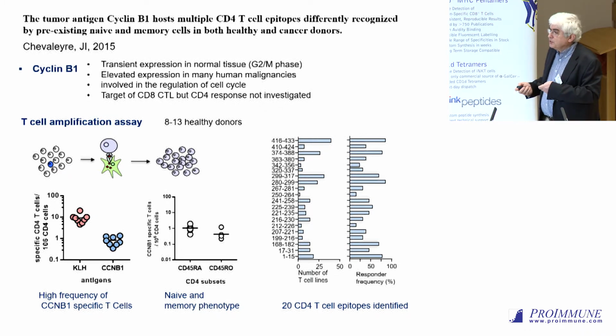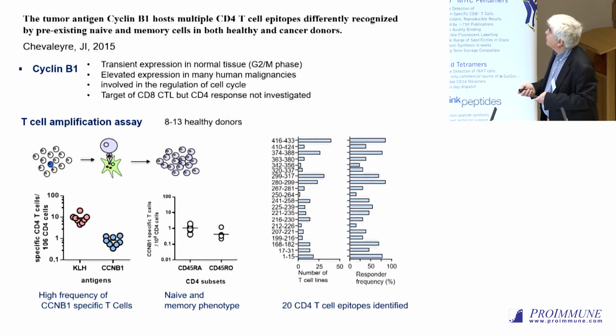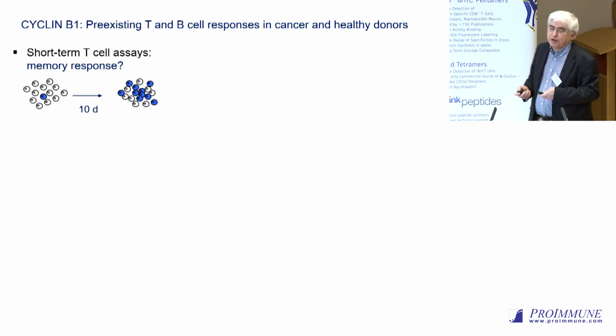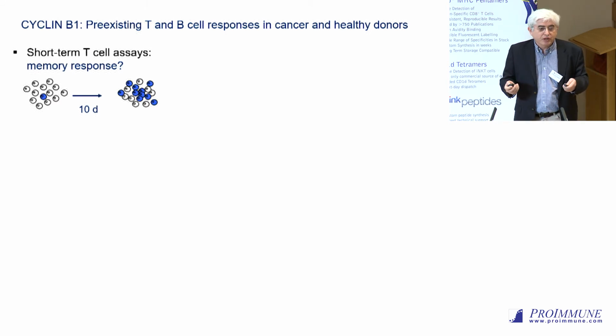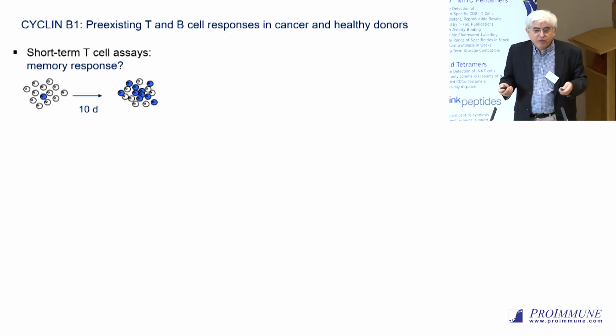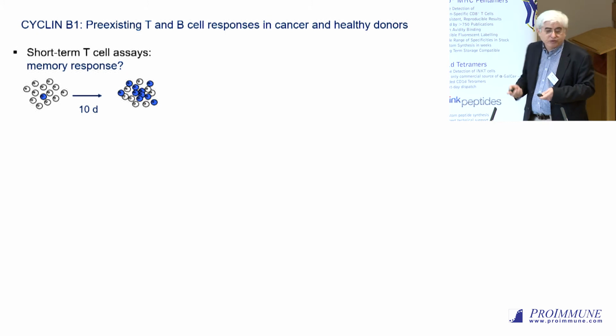So when we did this work, we were very happy, and we asked my colleague from the European Hospital Georges Pompidou, Eric Tartour, to investigate the memory response in cancer patients, to see whether they already have a sort of immunity against these proteins.